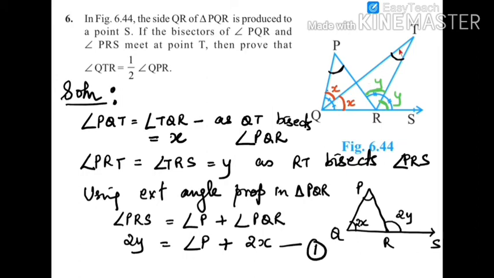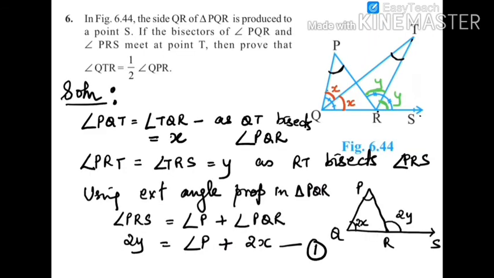Now we will consider the other triangle, that is triangle QTR, with QR extended to point S. So drawing this triangle separately, let's compare the figures. Angle TRS is Y and angle TQR is X. Marking these angles in the figure.